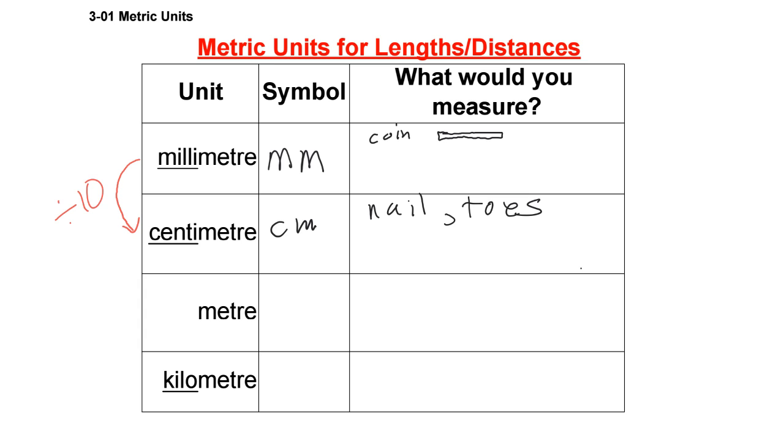Okay, and now let's continue with the meter. Here's what I want you to remember with the meter. The meter is just m. The things that you can measure with a meter or a meter stick could be the length of a leg, maybe the length of your table, maybe the length of your car.